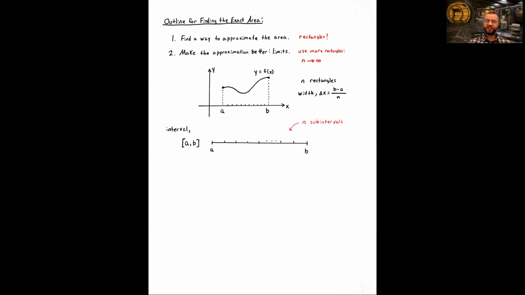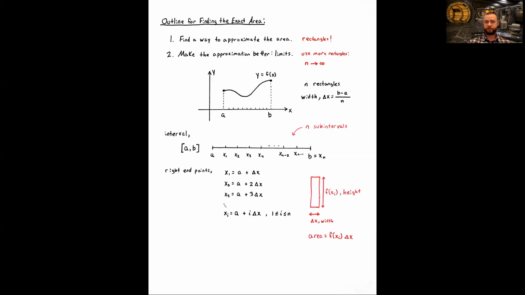All right, just for consistency, we're going to give our limit definition for the definite integral, which we're working up towards, using right endpoints. If you take a look at all those subintervals, for the first subinterval, a to x sub 1, the first right endpoint, x sub 1, is a plus delta x. From the leftmost value, a, we add 1 delta x.